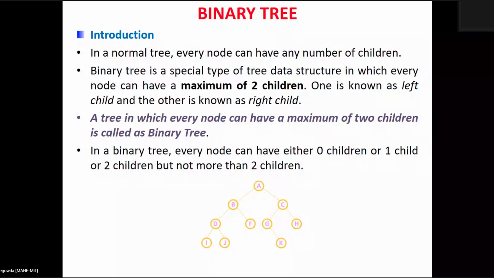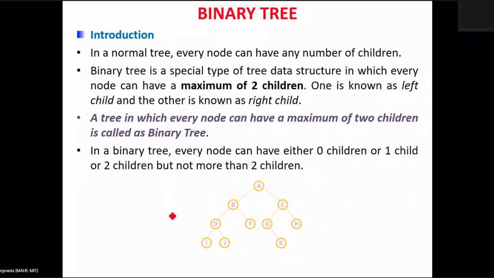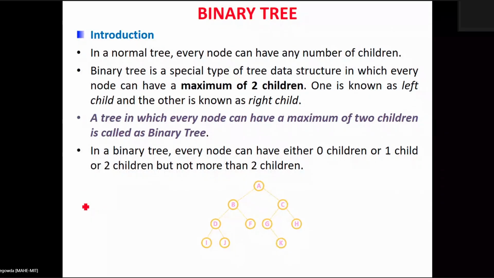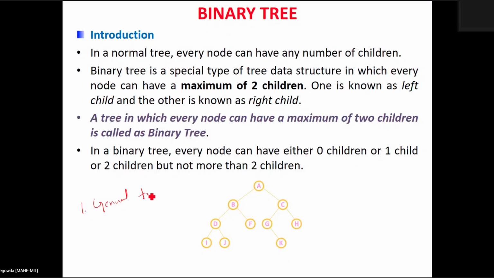Okay, so basically trees are classified into two types. The first one is the general tree and the second one is the binary tree. A general tree is one in which there is no restriction on the number of children for a node in that particular tree.